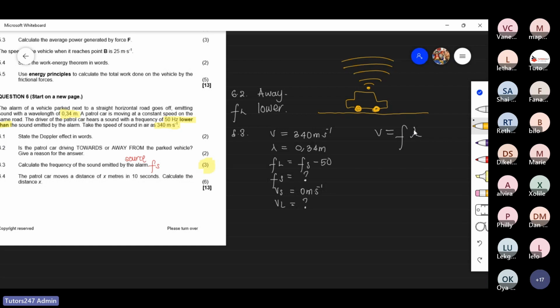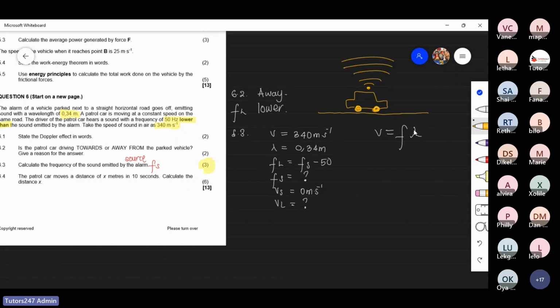If you go back to the question, it says calculate the frequency of the sound emitted by the alarm. We are calculating for frequency, and that is the value we don't have for that wave. So in this scenario, that f can now be represented by fs. That is the formula we are going to use because we are taking into consideration only one wave.